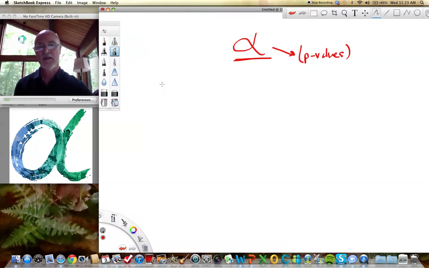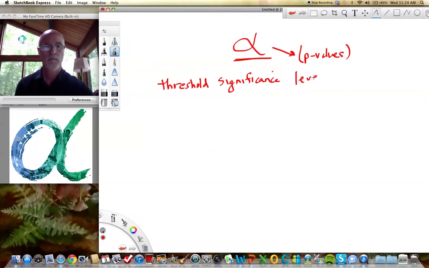Alpha is what I'd like to call the threshold significance level. And it's a quantity that is determined by the person doing the statistics.